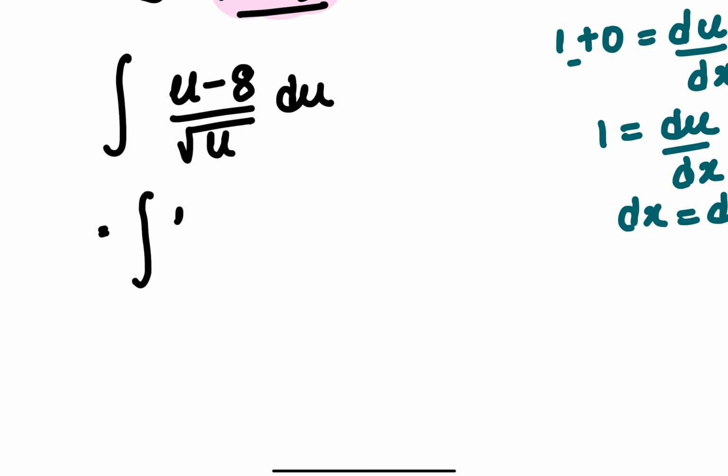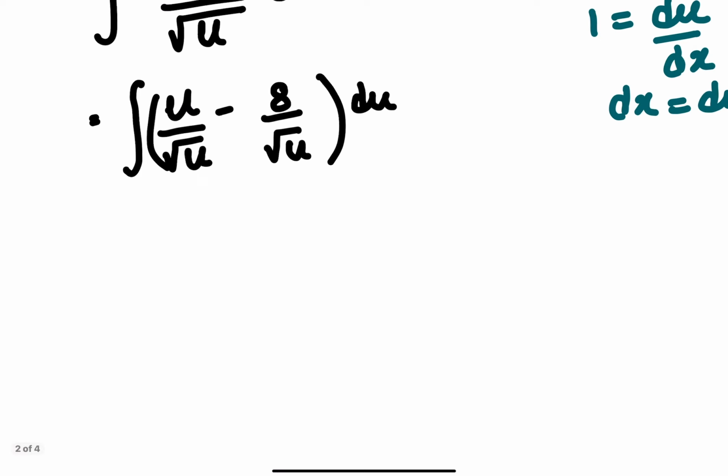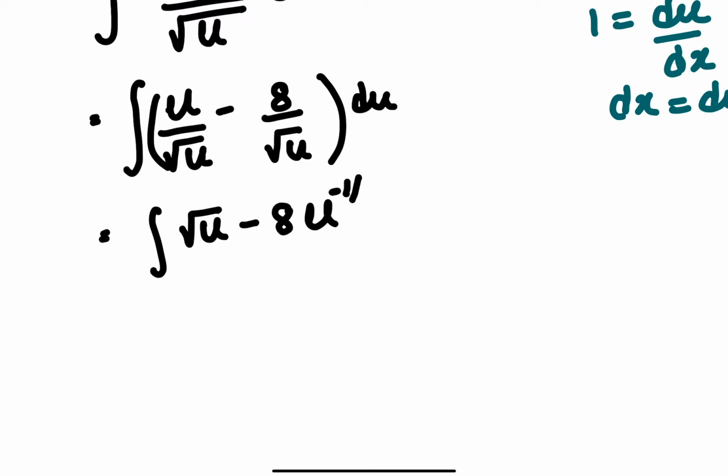This is u over radical u minus 8 over radical u, the whole thing du. I can still simplify this. u over radical u is radical u, minus 8 times u, when I bring the radical up, it becomes negative half, and the whole thing du.